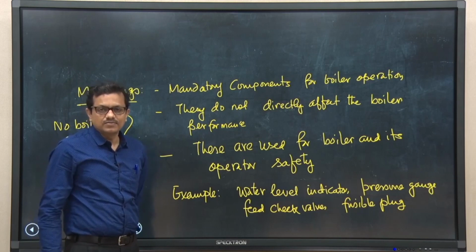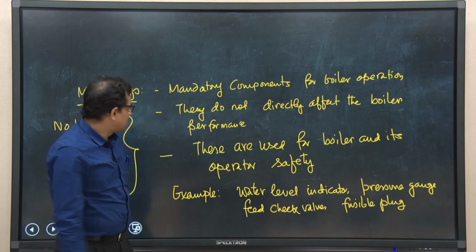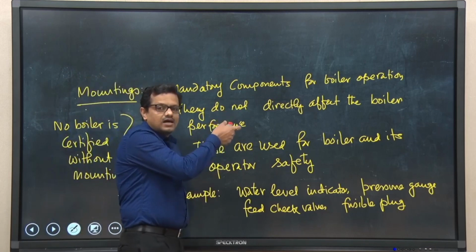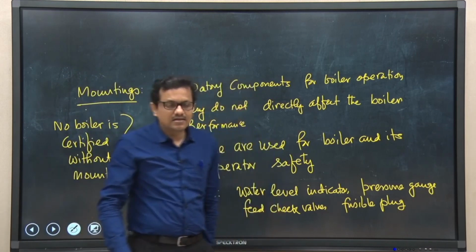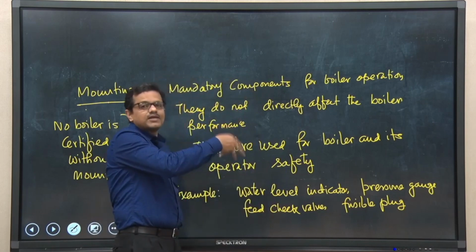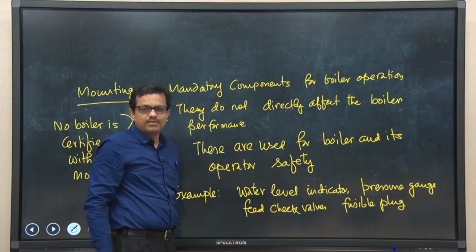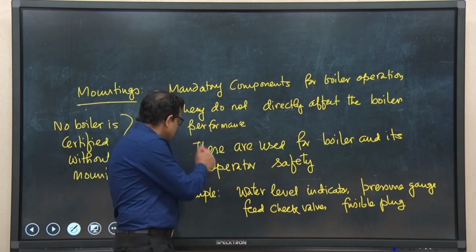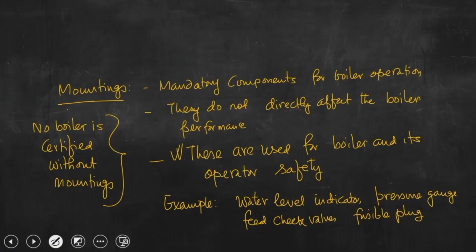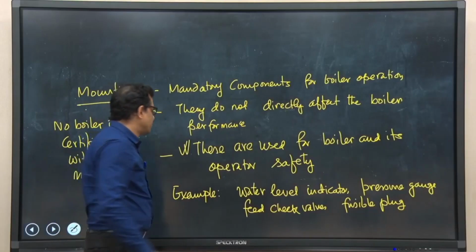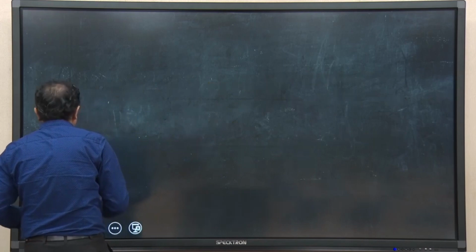One important thing is, someone may argue that these components may not be needed because they do not directly affect the boiler performance, but still these are required, because it is very important that the safety of the boiler as well as the operator of the boiler should prevail while the boiler is in operation. Mountings are mandatory and no boiler is certified without mountings. Next, we are going to discuss accessories.